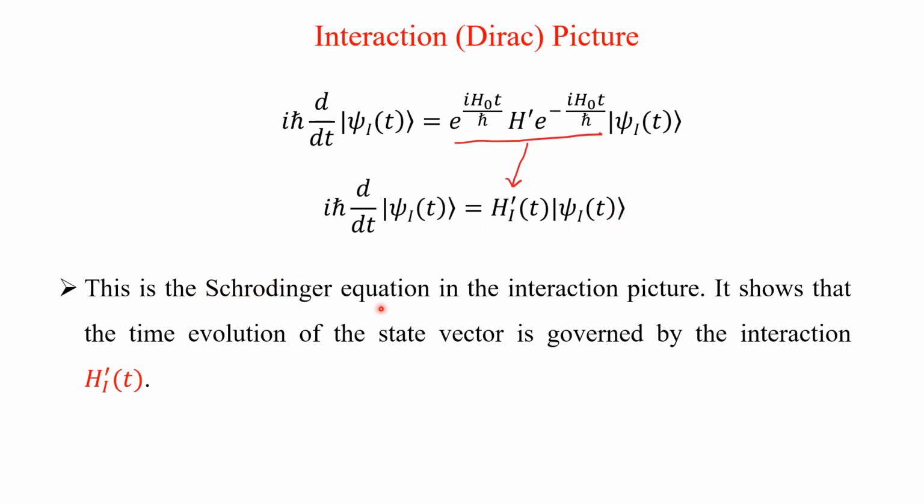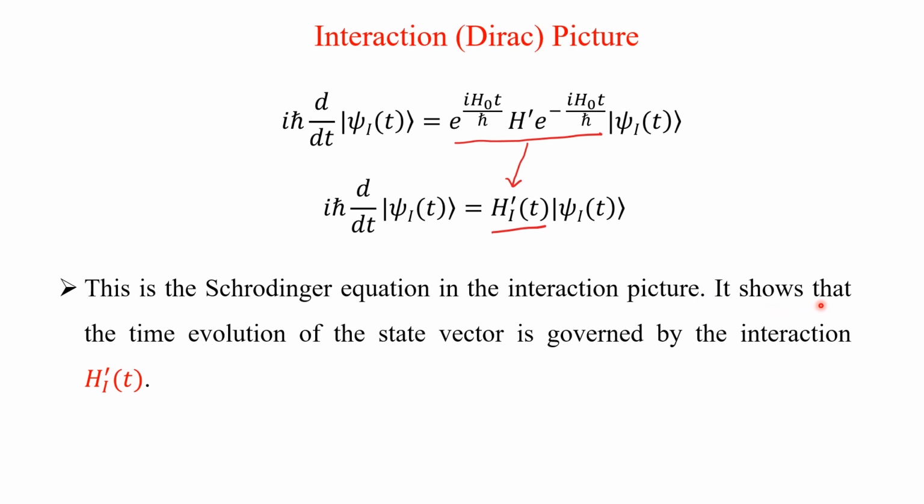This is the Schrodinger equation in the interaction picture. You can see this is analogous to i h cross d psi by dt equal to H psi. Here instead of H you have H_I prime, and this is the time evolution of the state psi_I. From the left hand side you can visualize that. So this is the Schrodinger equation in the interaction picture.